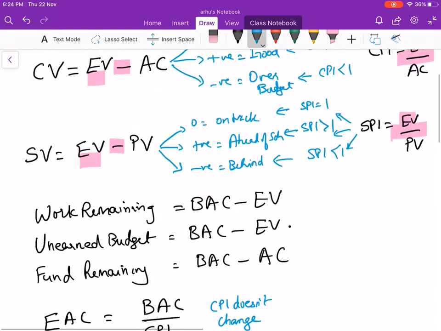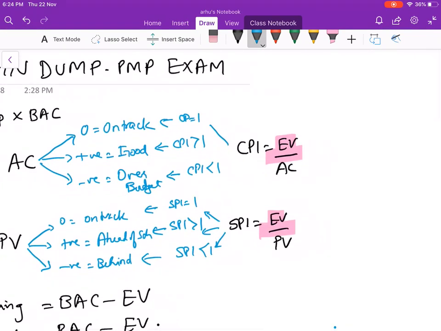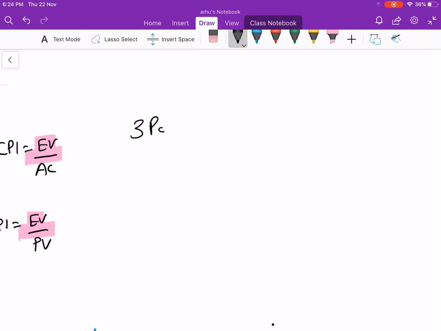Let me help you understand a few formulas on estimating and scheduling. The 3 point formula is nothing but optimistic plus most likely plus pessimistic, so the 3 points are taken divided by 3.